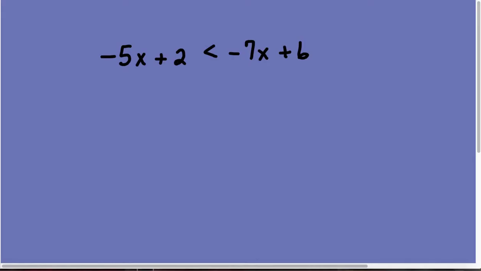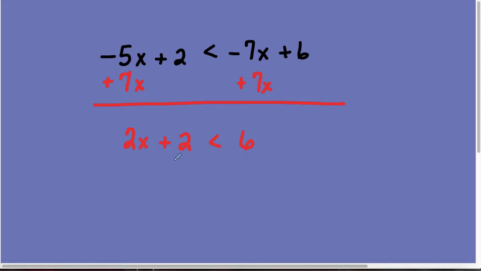There are more complicated examples when you have variables on both sides, but again, you're going to treat it just like you would an equation. So I'm going to add 7x in this case to both sides. I like to bring the smaller variable to the larger, okay? And that's going to give me 2x plus 2 is less than 6.